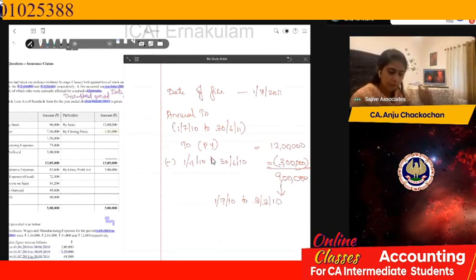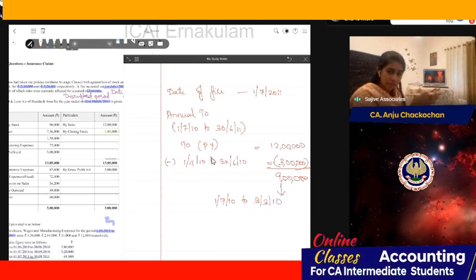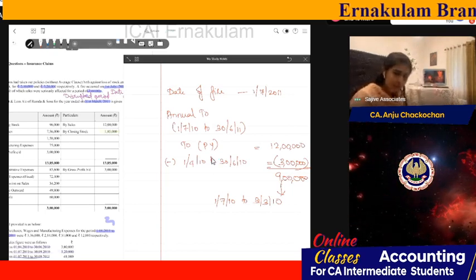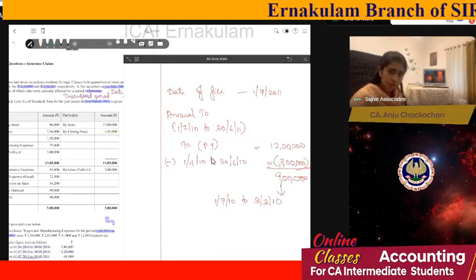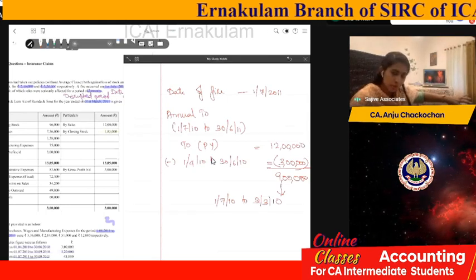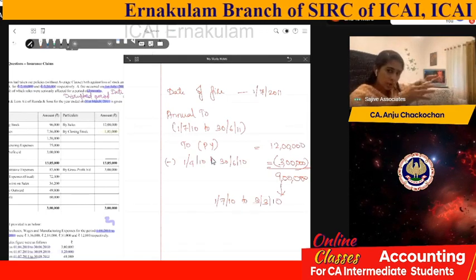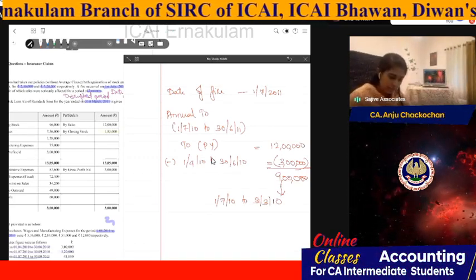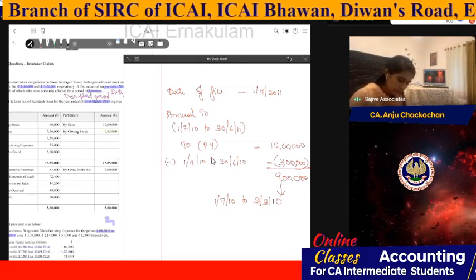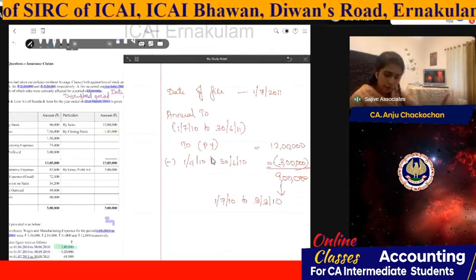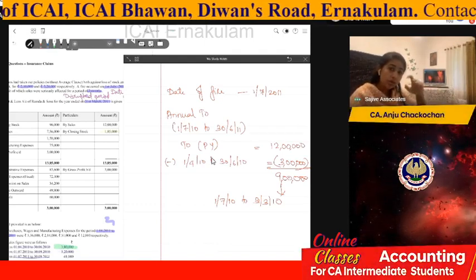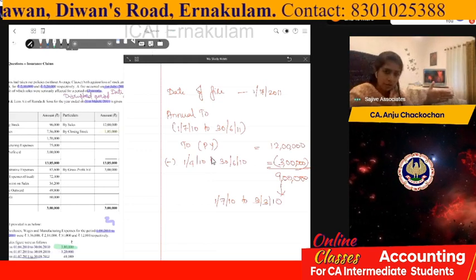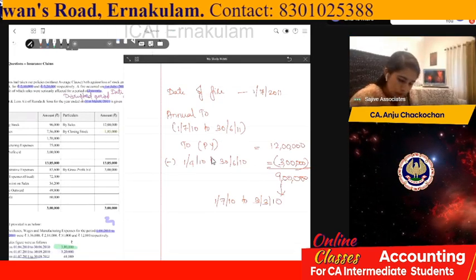See, Harshita, for the previous year, 1st April 2010 to 31st of March 2011, the turnover is 12 lakh. So from that, you remove the first 3 months because you just have to start from 1st of July. So you remove the first 3 months, which is April, May, and June. You remove that, which is 3 lakh, which is given in the question over here. So you get it as 9 lakh. So 9 lakh will be the turnover from 1st of July to 31st. Okay, here it is 11.